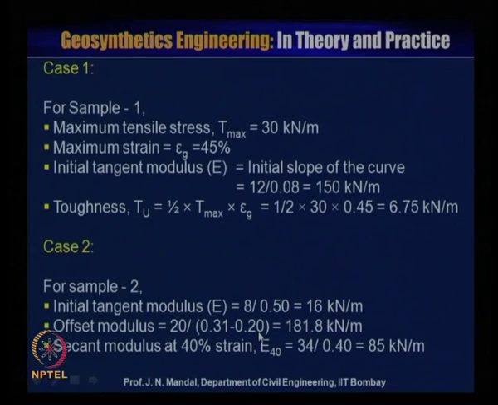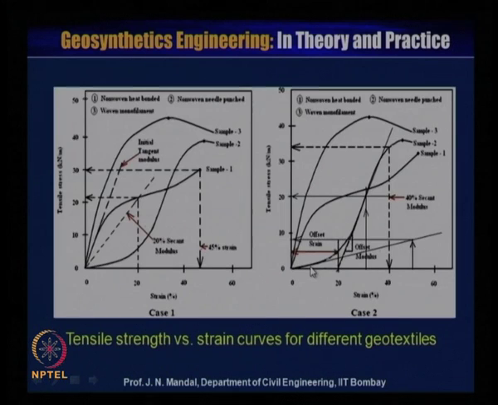So, the secant modulus at 40% strain, you can designate it as E40, is equal to 34 divided by 0.40. You can also calculate what the secant modulus value will be. Suppose this is for 40% strain, for sample number 2, case 2, and corresponding to it you can see what the tensile stress value should be.